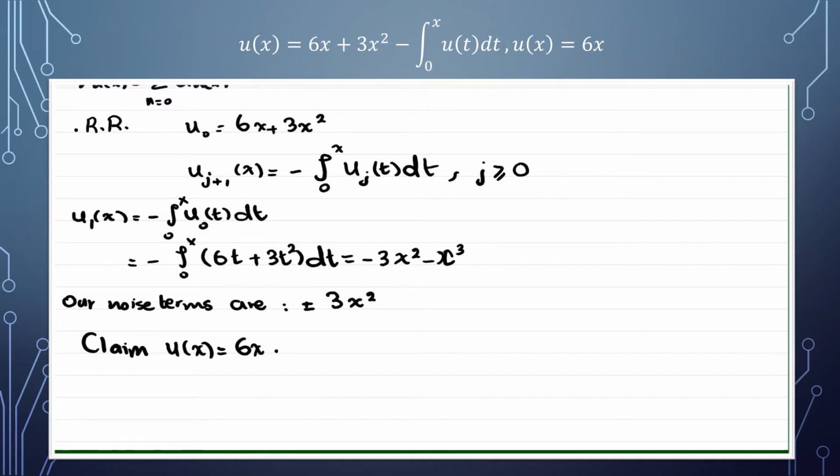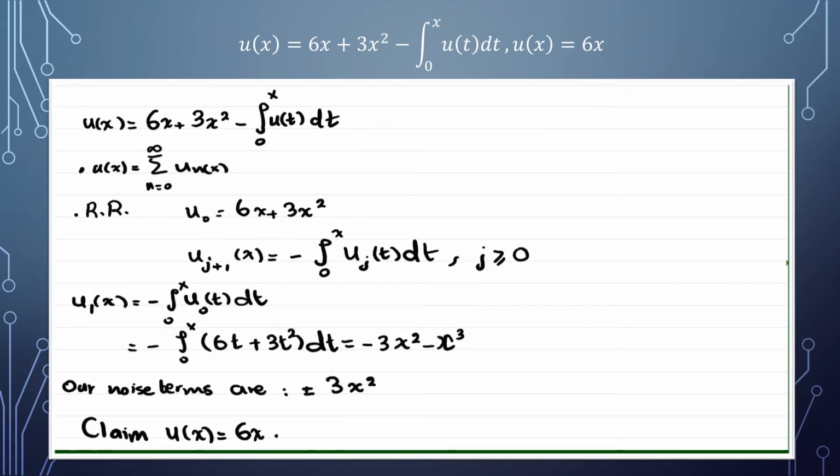Okay, so let's put here the left hand side is equal to 6x, the right hand side should be the same, equals 6x plus 3x squared minus the integration from 0 to x of 6x dx.